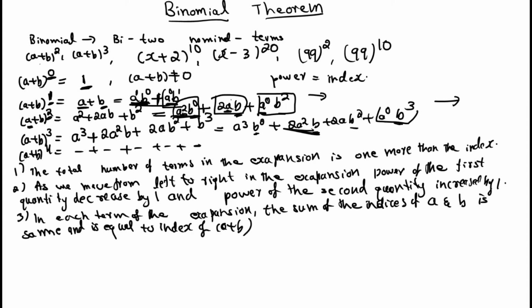Okay, you can observe, right, in each term if you add, their sum remains same. See, 3 plus 0, indices is nothing but powers. 3 plus 0 is equal to 3. 2 plus 1 equal to 3. 1 plus 2 equal to 3.